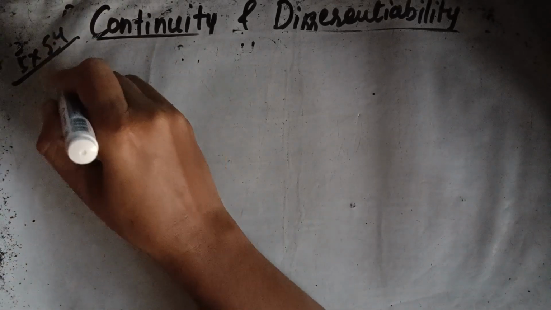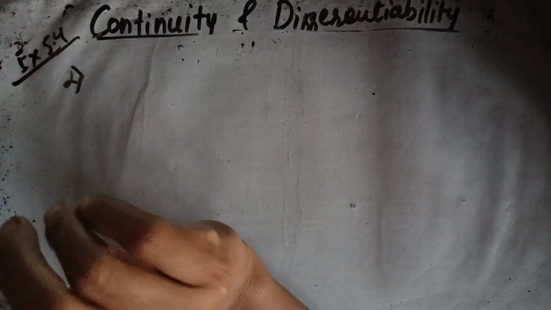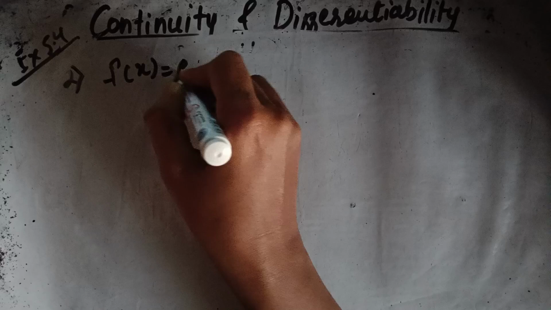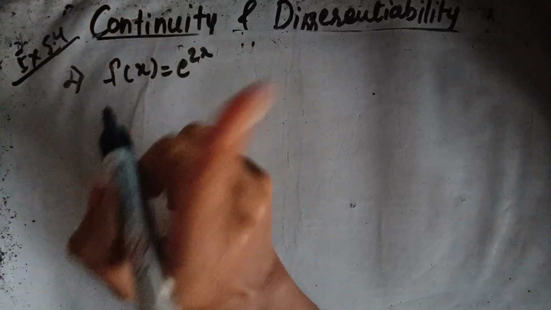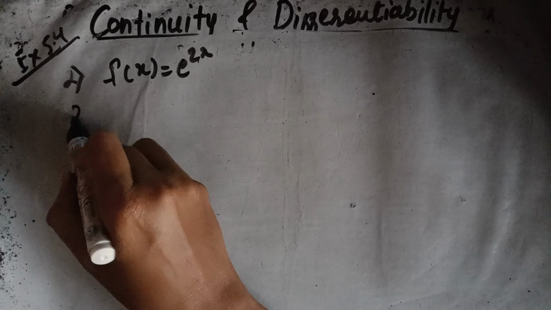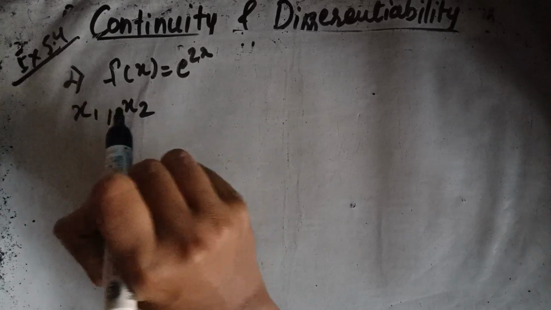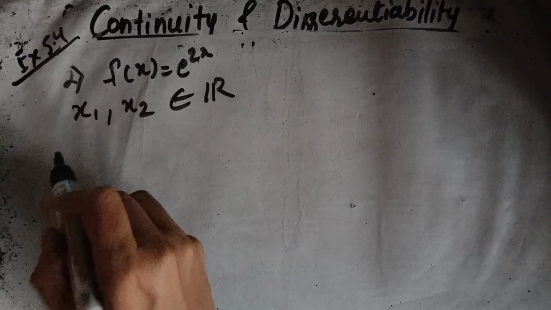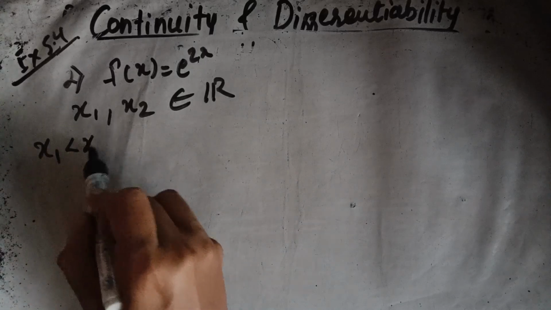Next question is you have to show that the function given by f of x equal to e raised to 2x is strictly increasing on R. Okay, so you have to take two numbers x1 and x2 in R, real numbers. Okay, now x1 is less than x2.